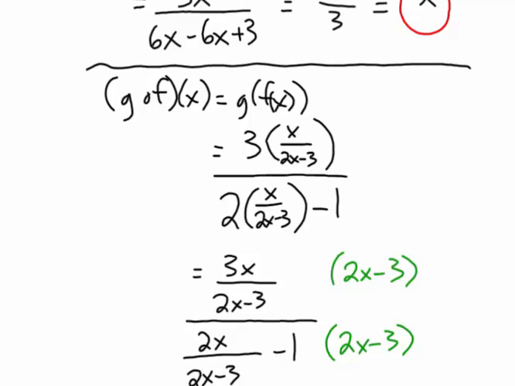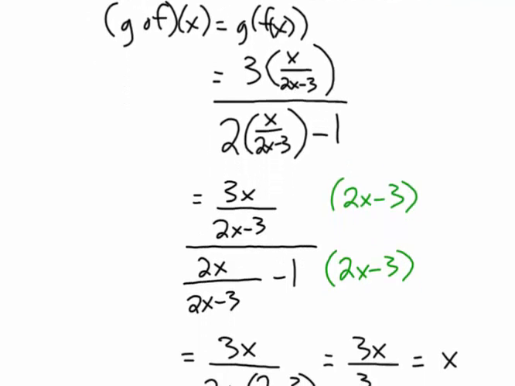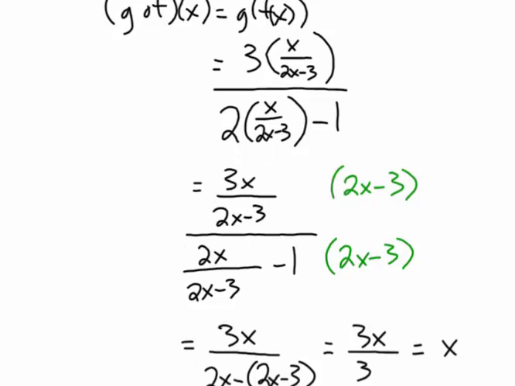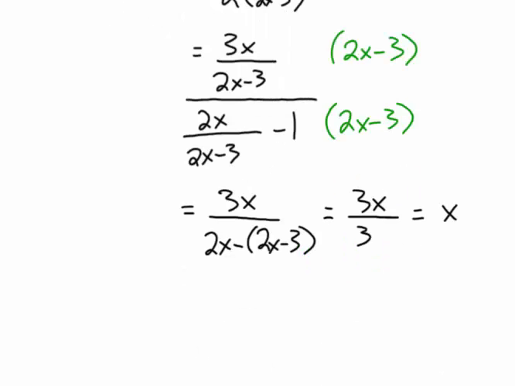And if we expand that all through and eliminate the fractions like we did in the previous situation, all of those denominators will cancel if we multiply by 2x minus 3. This will allow us to have 3x in the numerator and then 2x minus 3, which of course becomes 3x over 3, which becomes x.